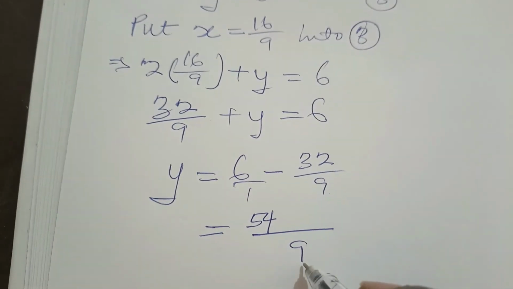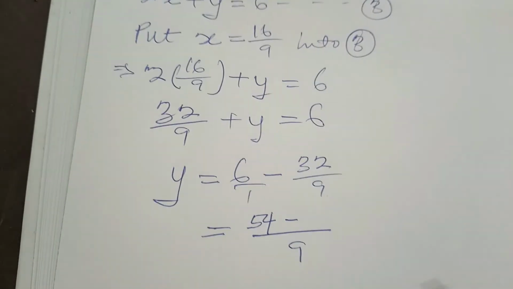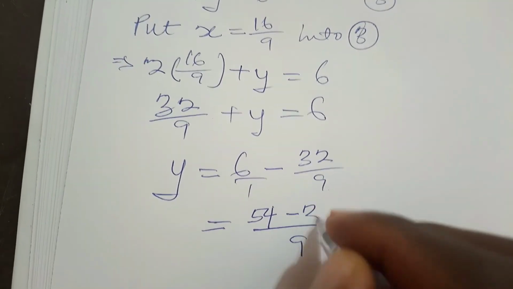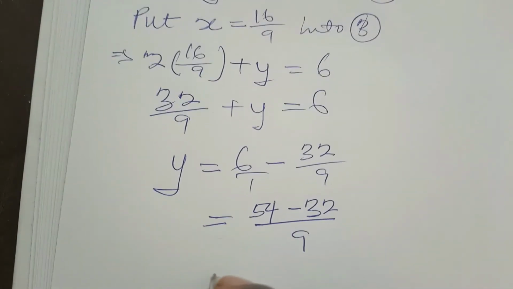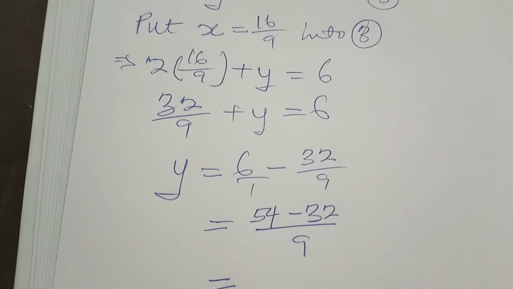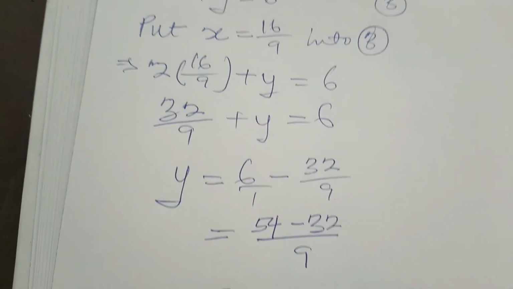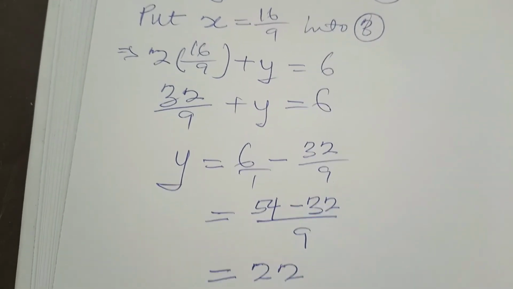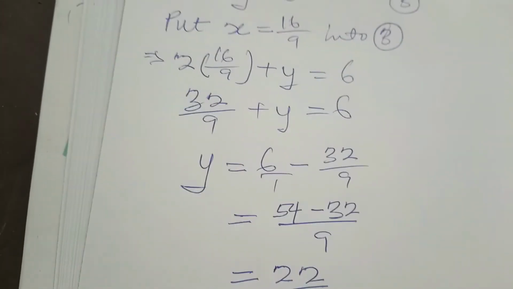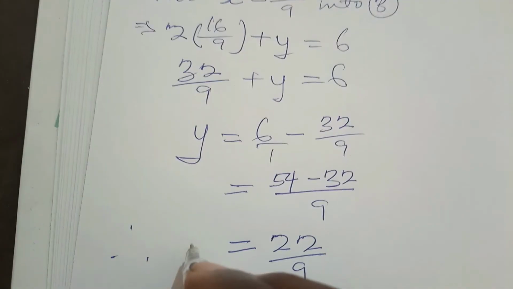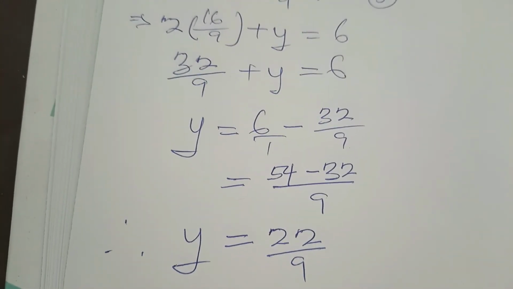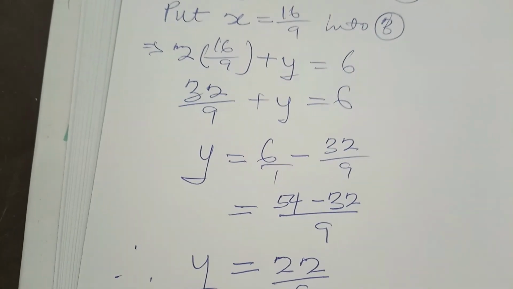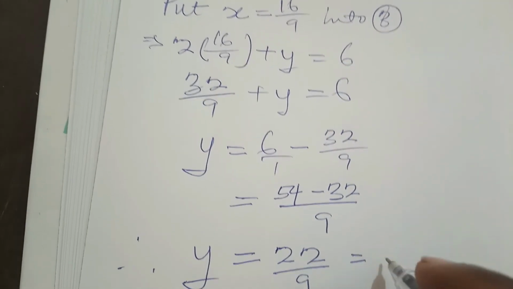Then this 9 will go into itself 1. We bring our minus. 1 times 32 is 32. So 54 minus 32 will give us 22 over 9. Therefore, our y will be equal to 22 over 9, which is the same as 2 whole number 4 over 9.